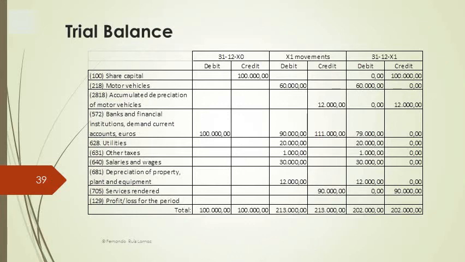Columns 4th and 5th disclose the movements previously recorded in the journal ledger by means of daily journal entries. Columns 6th and 7th present the balances of the accounts at the end of period, debit for assets and expenses, credit for liabilities, equity and income accounts.